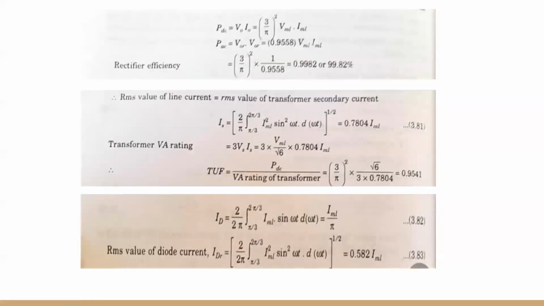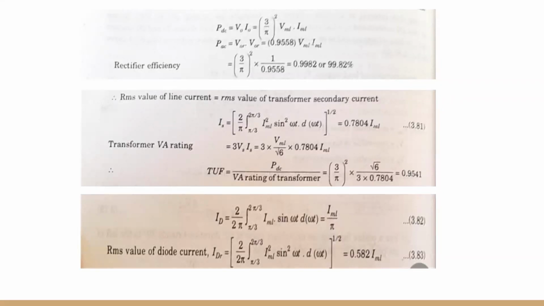Equation of a three-phase bridge rectifier. Average value of load voltage is given by V0 equals 1 upon periodicity, integration of VAB d omega t.